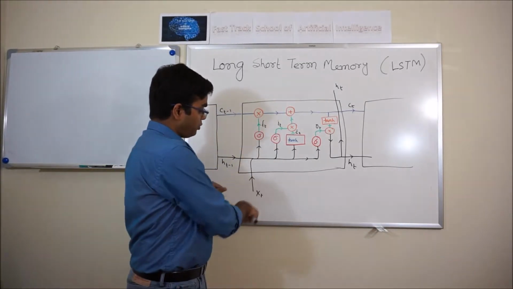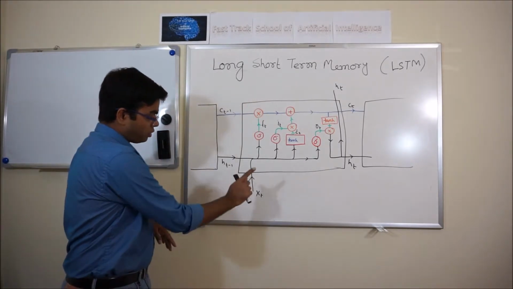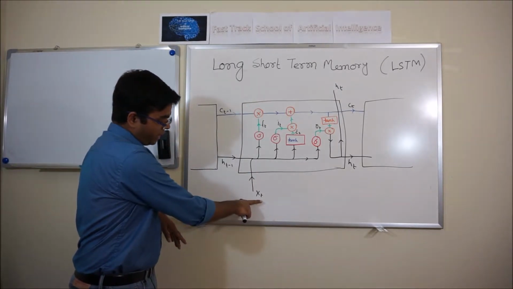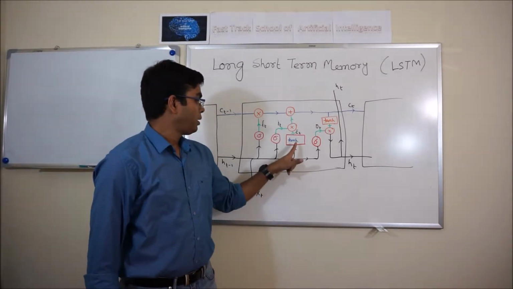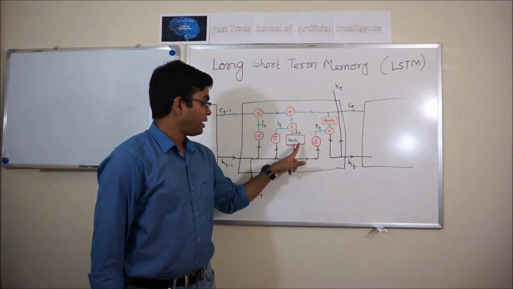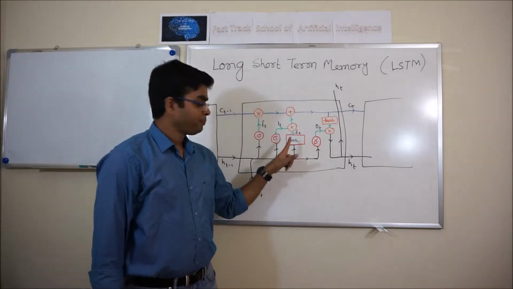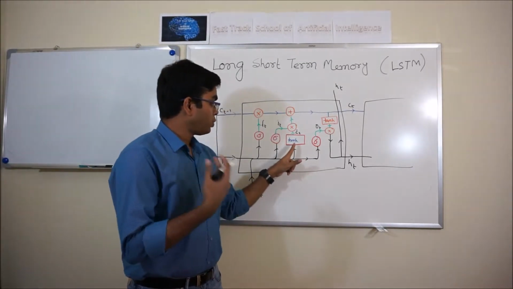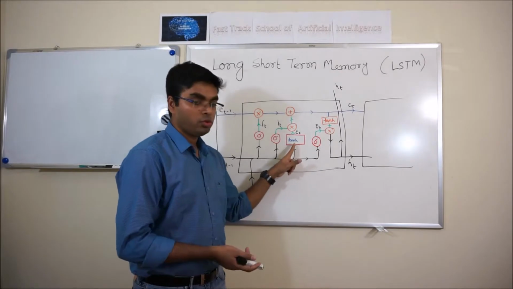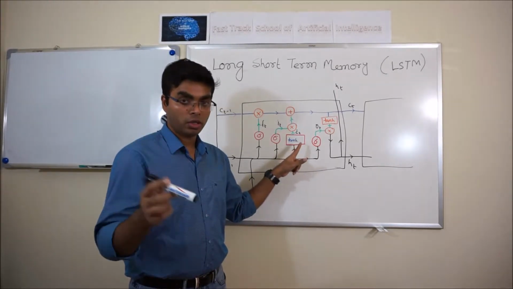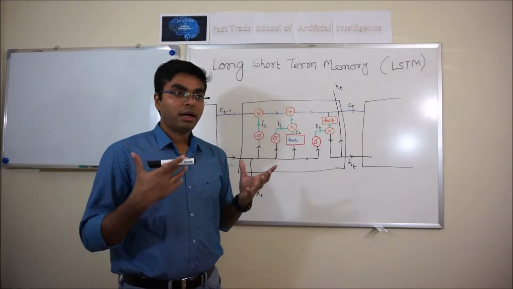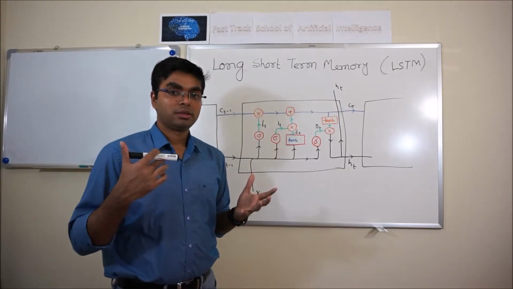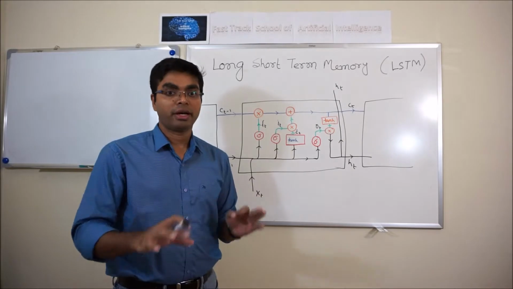Now, the same information, the concatenated value of xt and ht minus 1, would go through a tanh activation function to produce values between -1 and 1. That is basically the tentative current cell state.